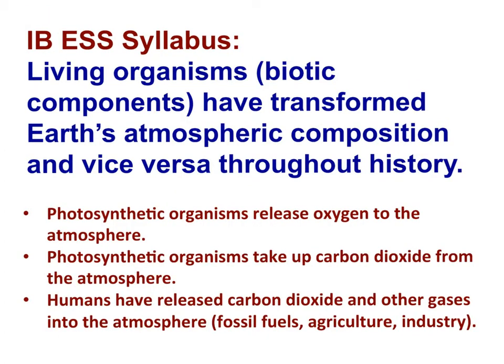And from part 1, I've already mentioned that living organisms have transformed Earth's atmospheric composition and vice versa throughout history. How so? Well, photosynthetic organisms release oxygen to the atmosphere, photosynthetic organisms take up carbon dioxide from the atmosphere, and humans have released carbon dioxide and other gases into the atmosphere.